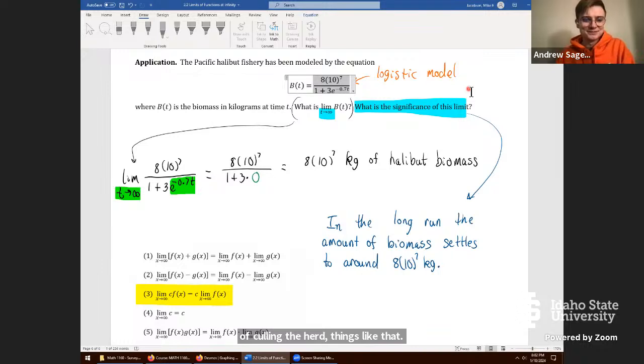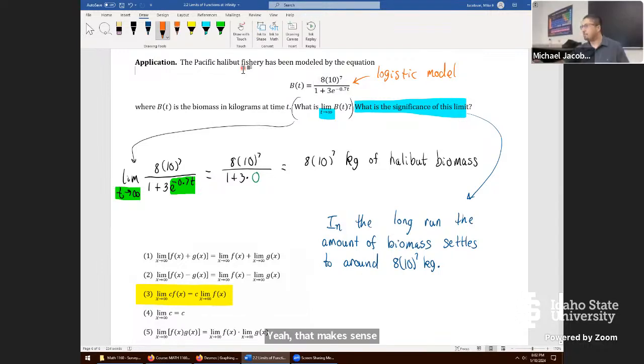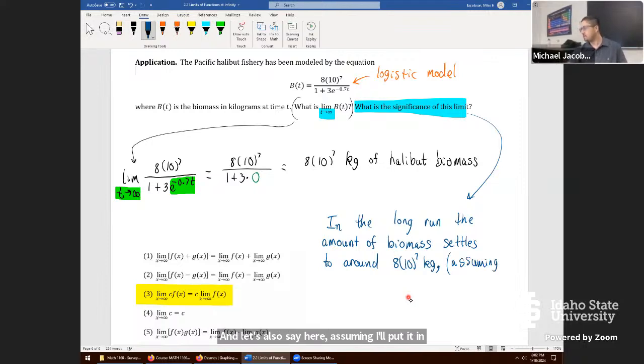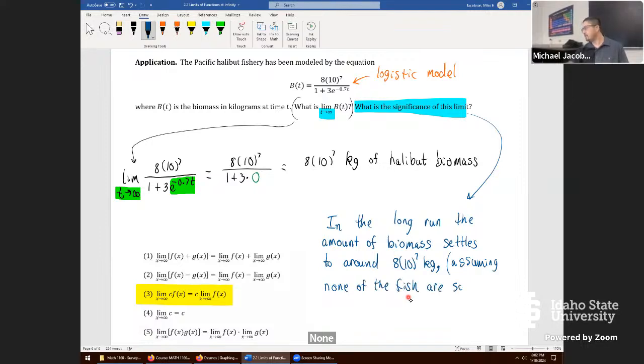Yeah, that makes sense. And now that you mention that, I think we can probably include that right here. It says in the long run, the amount of biomass settles around 8 times 10 to the power of 7 kilograms. And let's also say here, in parentheses, assuming none of the fish are sold.